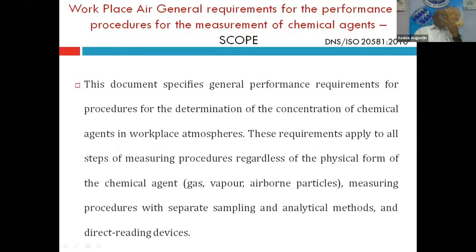So this document specifies general requirements and performance requirements for procedures for the determination of the concentration of chemical agents in workplace atmosphere. These requirements apply to all steps of measurement procedures, regardless of the physical form of the chemical agent.